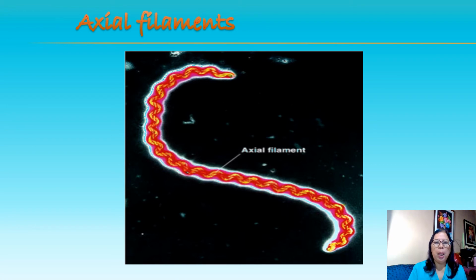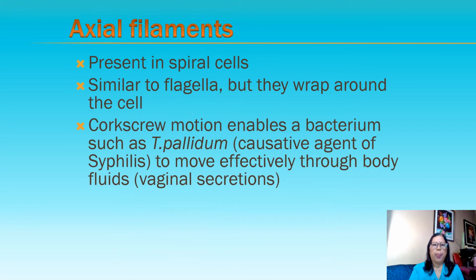There is also some movement caused by axial filaments. The axial filaments produce a circular, going-up movement. So it keeps on turning and turning, but it is actually moving from one place to another. An example of that is Treponema pallidum, the cause of syphilis.